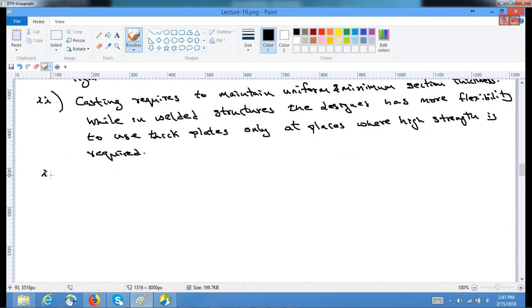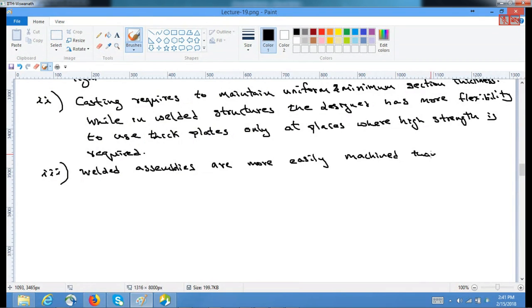Thirdly, welded assemblies are more easily machinable than castings.